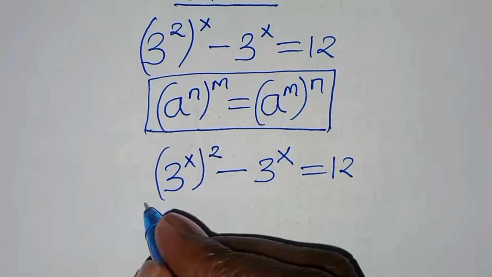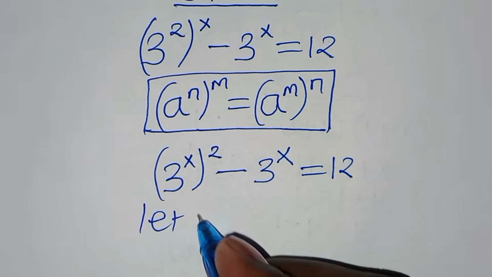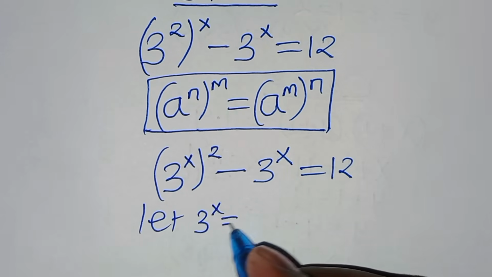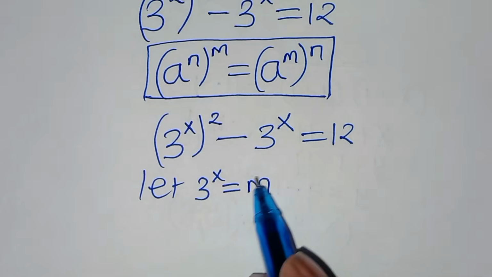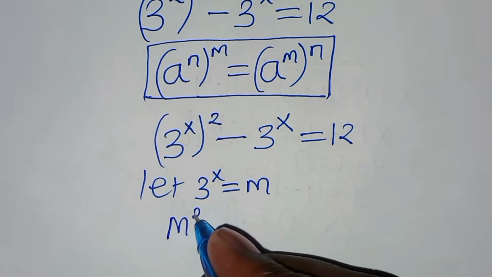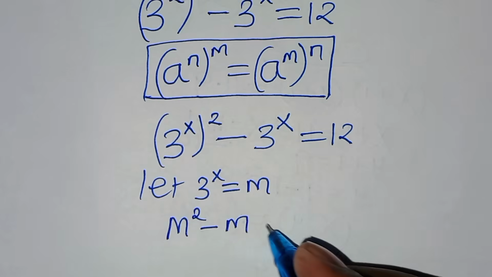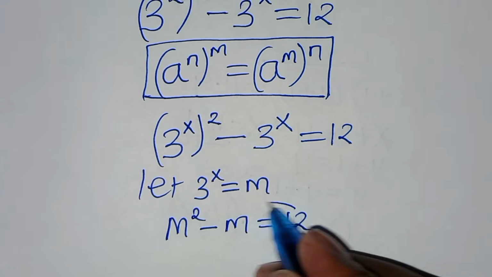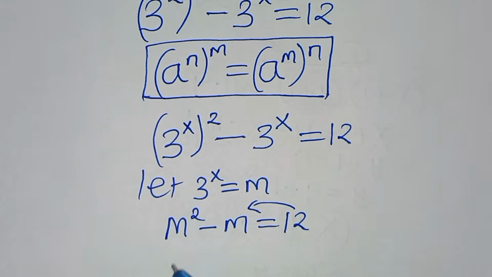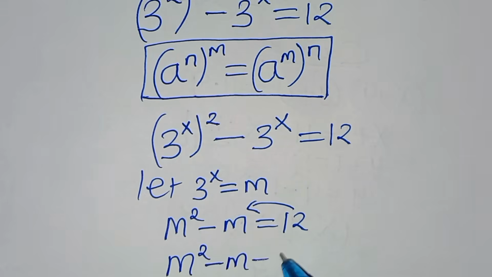The next step is that let 3 to power x be equal to m. So let's substitute here. We'll have m squared minus m. This is equal to 12. So let's take 12 on the left hand side so that here we have m to power 2 minus m minus 12.